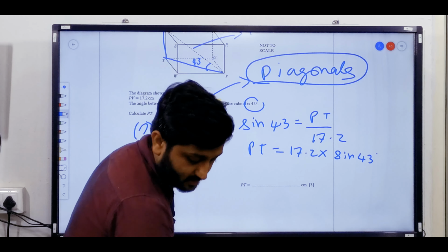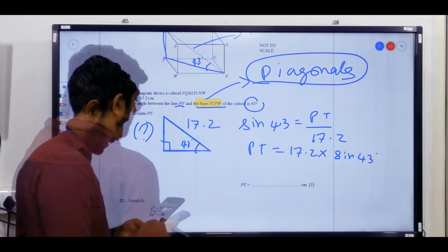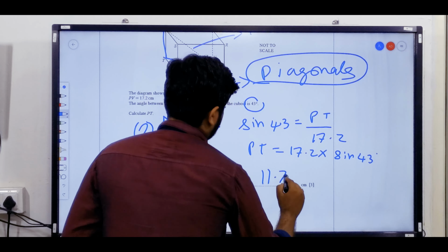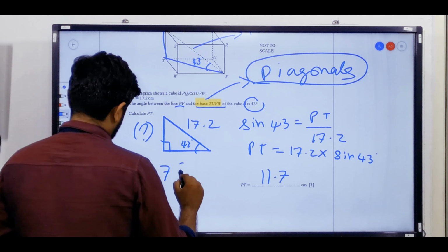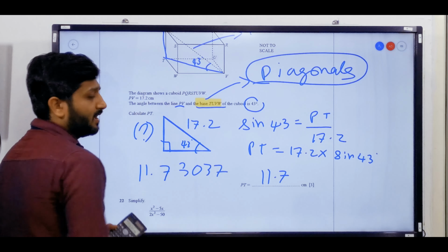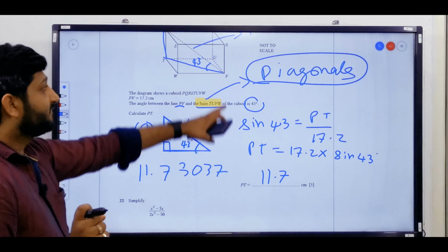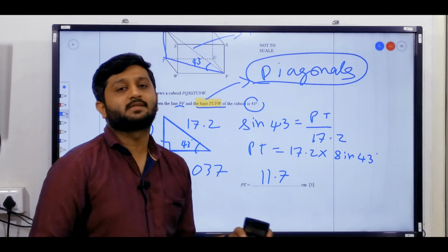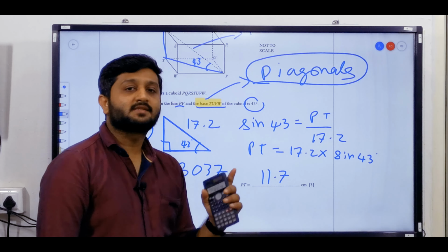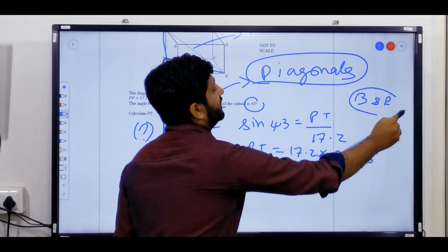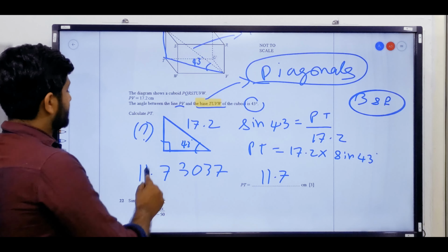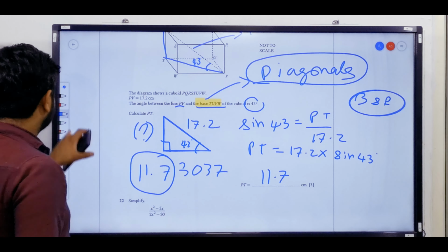Let me do that. Here is my calculator. This will be 11.7. In the calculator you will get something like 11.73037, but on the first page of the paper it is given that you have to write your answers to 3 SF, which is 3 significant figures. So I have just written 11.7.